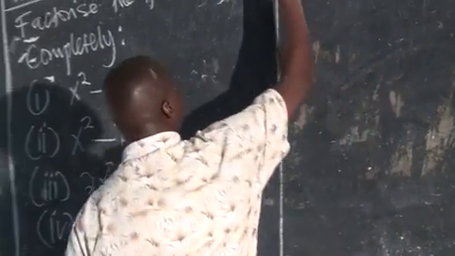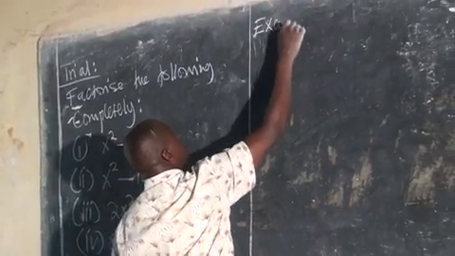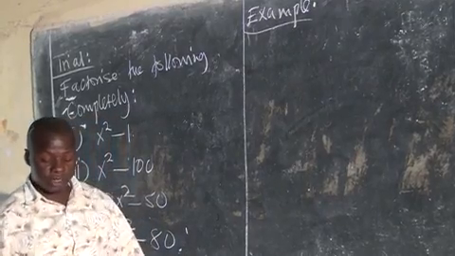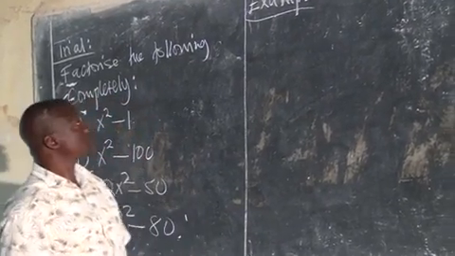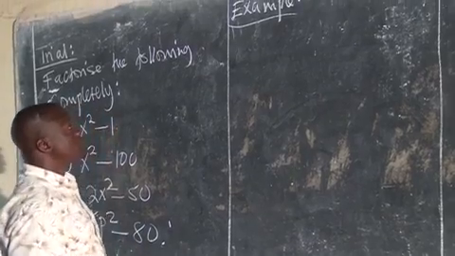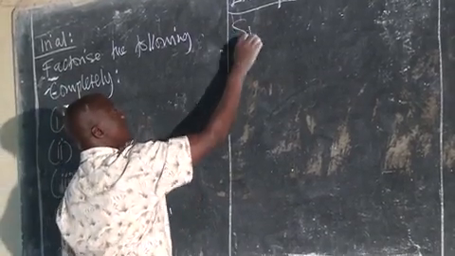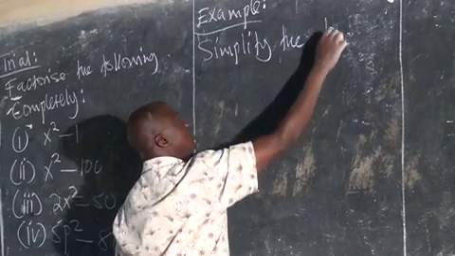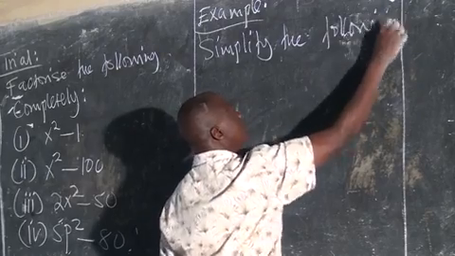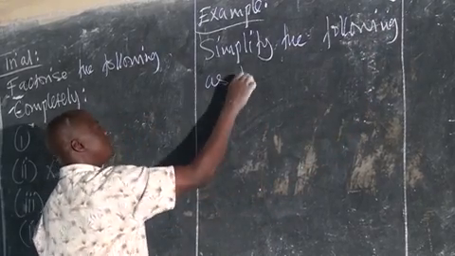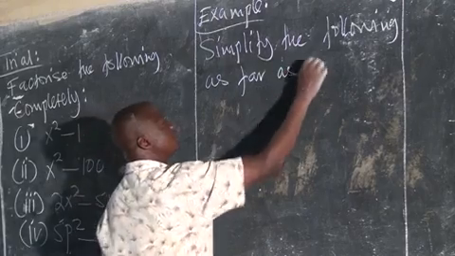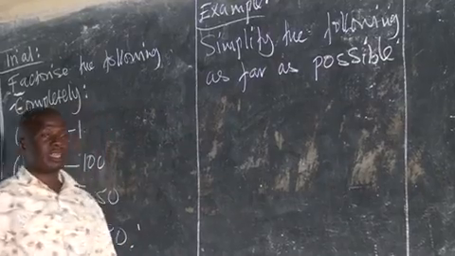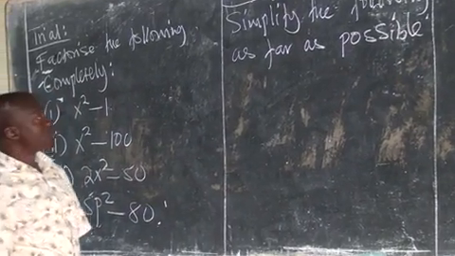Let us have another example here. It also calls for application of difference of two squares. Simplify the following as far as possible.